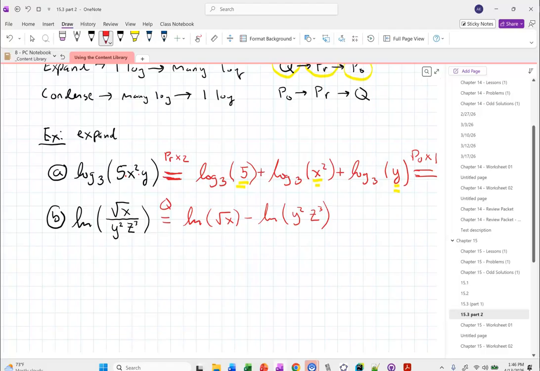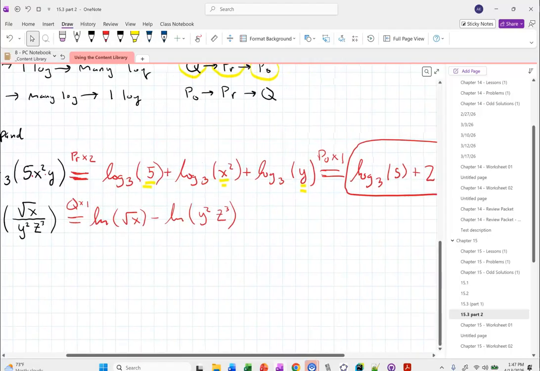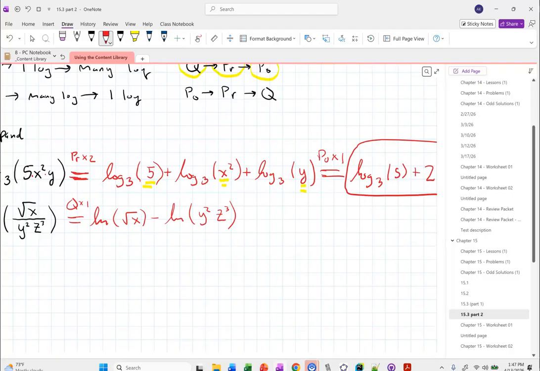Is that okay with everybody? Okay. So we had one quotient property there. All right. What do we look for next after quotients? We look for products. If I look at the first logarithm, inside is the square root of x. Is there multiplication there?